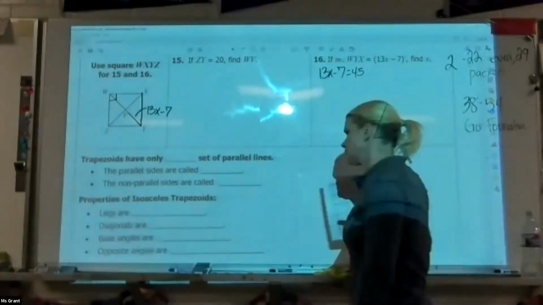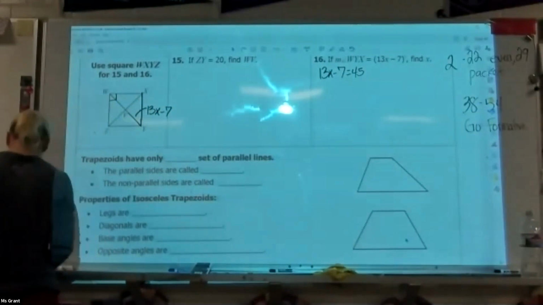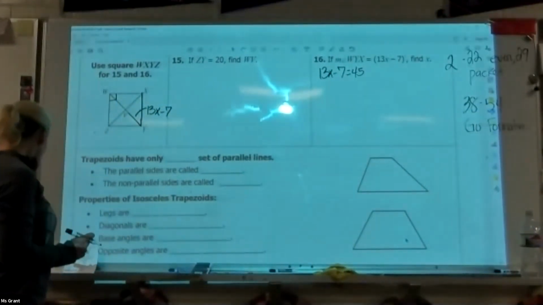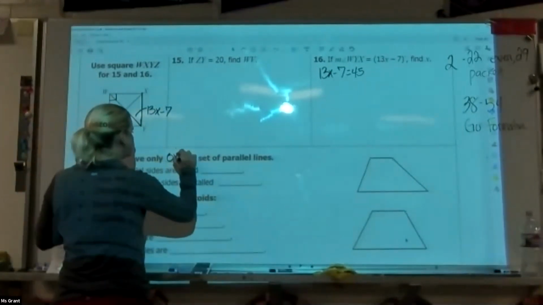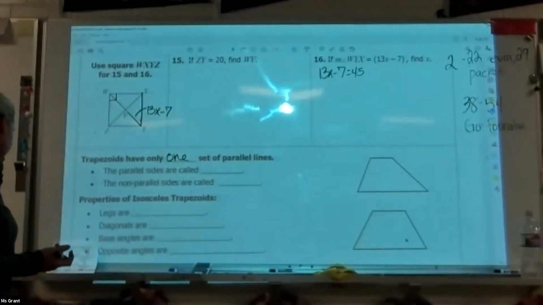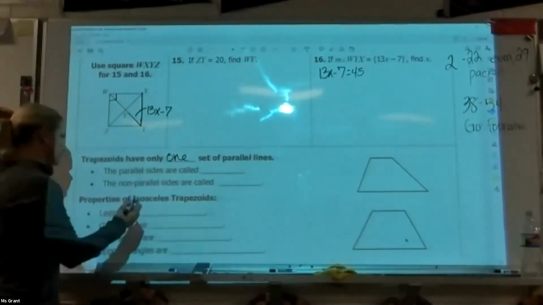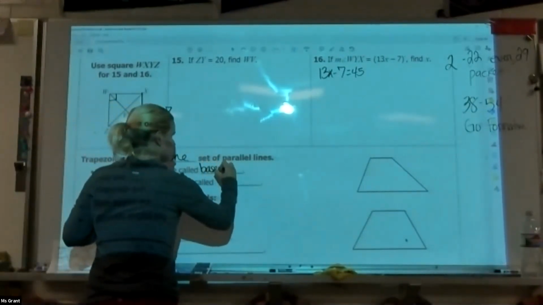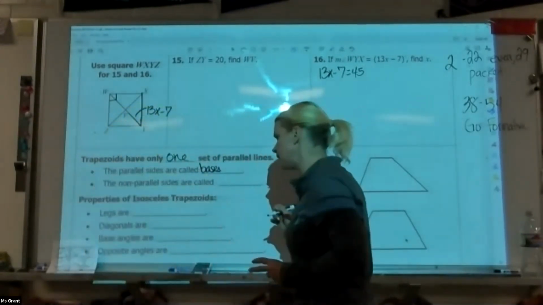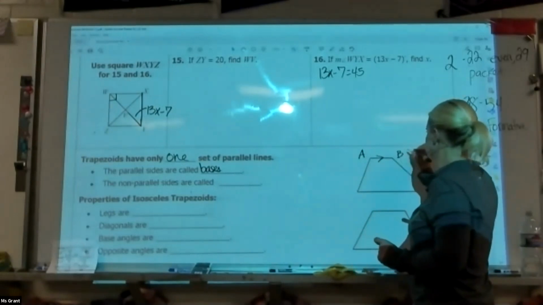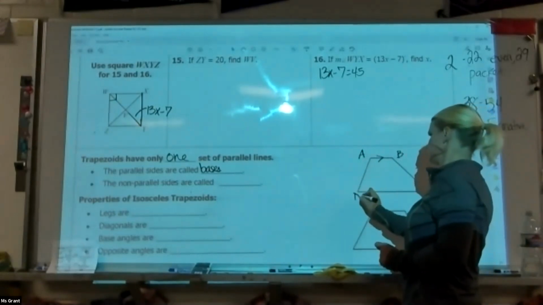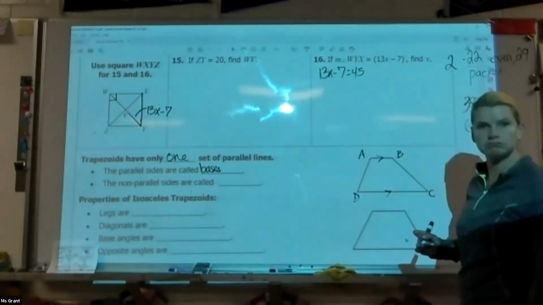Trapezoids and isosceles trapezoids. Trapezoids have only one set of parallel lines. The parallel sides are called the bases. Let's label it A, B, C, D. Here's my parallel, right?